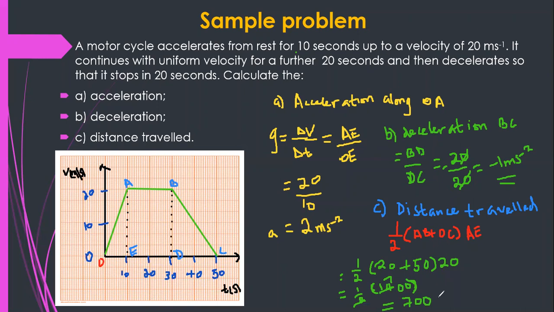We calculated distance, so the unit is meters. Don't forget, units are very important in science and physics. So the total distance traveled is just 700 meters. This is how to calculate total distance traveled in a velocity-time graph.